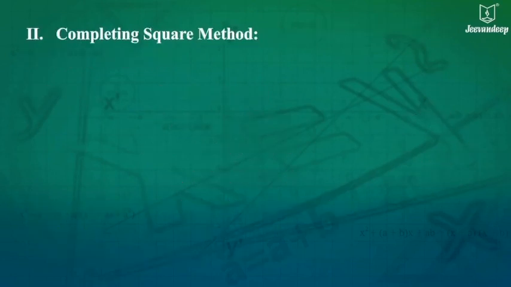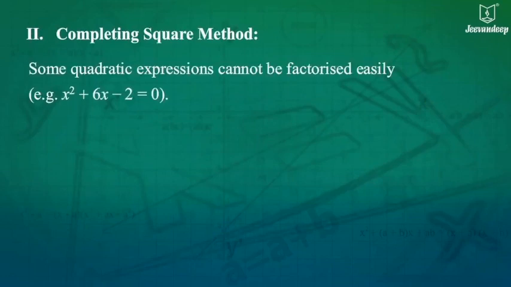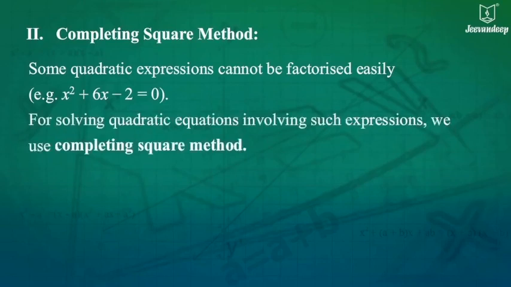2. Completing square method. Some quadratic expressions cannot be factorized easily. For example, x square plus 6x minus 2 equals to 0. For solving quadratic equations involving such expressions, we use completing square method.